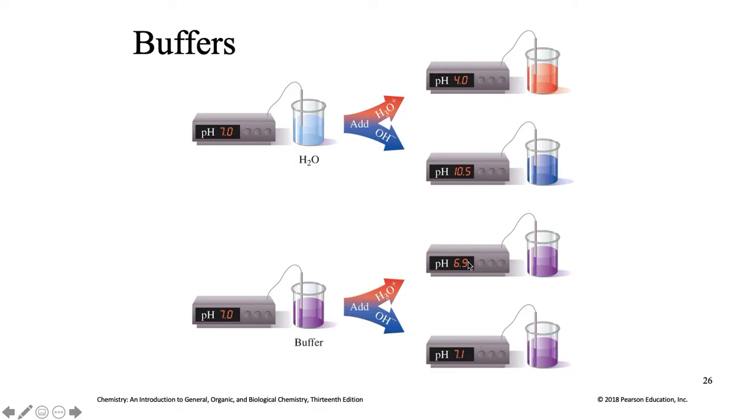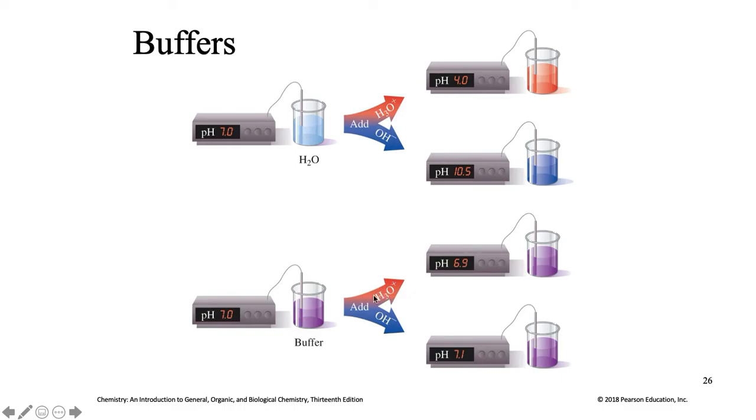Now, here's a buffer solution. In a buffer solution, I have an acid and a base. I don't just have pure water. And therefore, if I add a little bit of extra acid to whatever is in there, the base that is mixed in the buffer solution is going to react with H3O+.